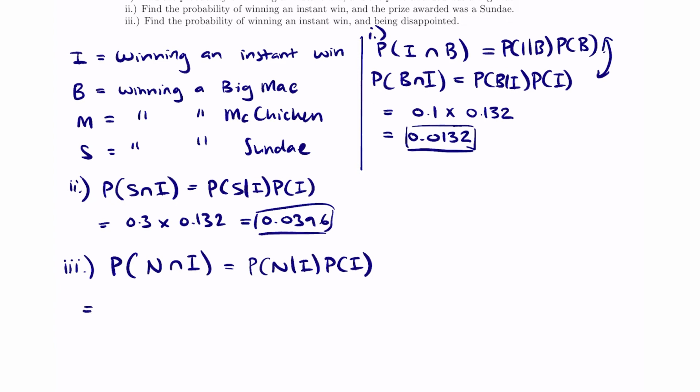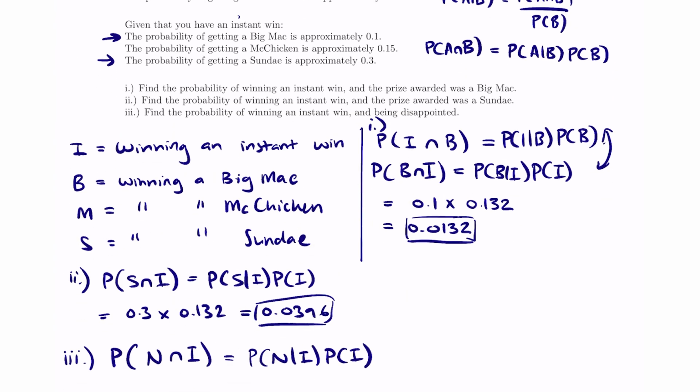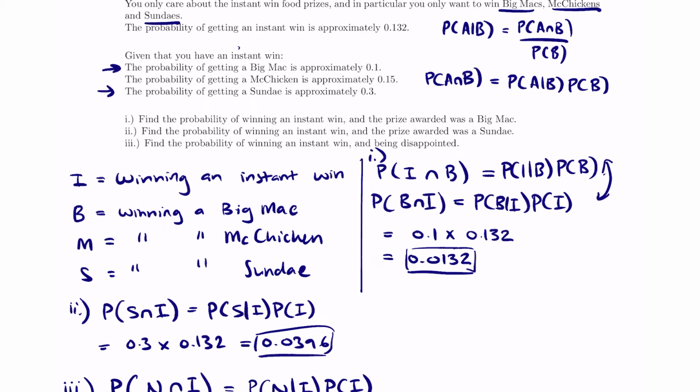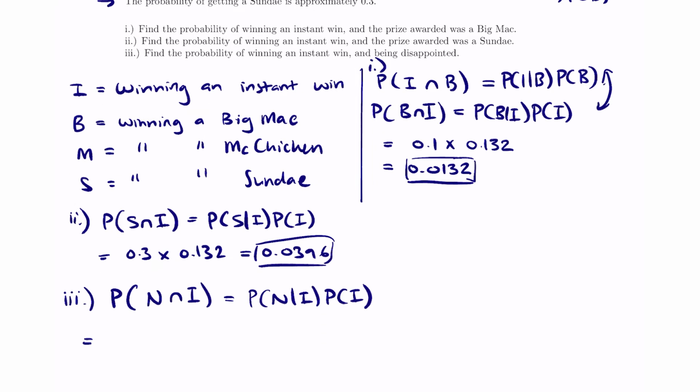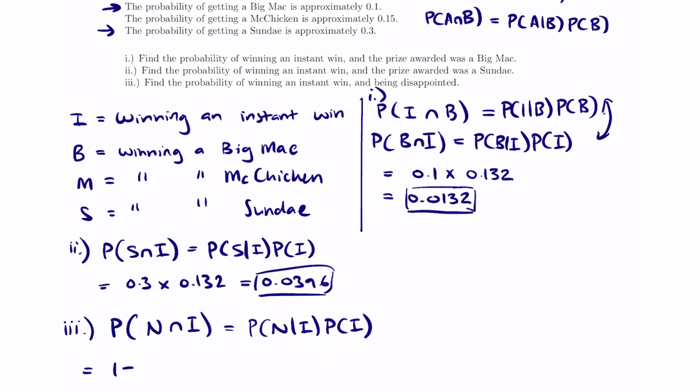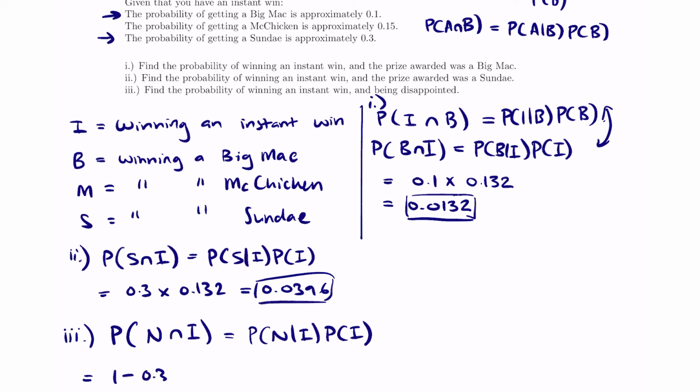So what's the probability of no good given an instant win? Well, it's going to be 1 minus the sum of these probabilities, right? So it's going to be 1 minus 0.3 minus 0.15 minus 0.1.